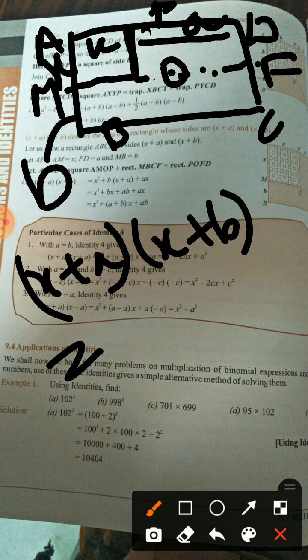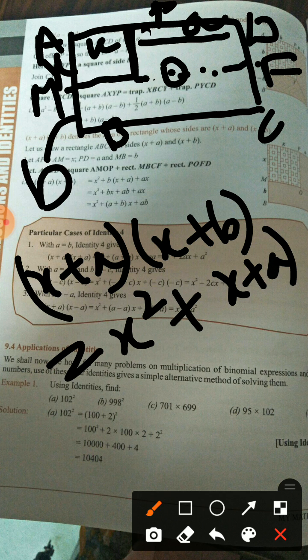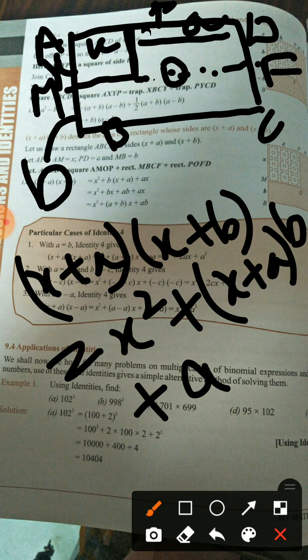It is equal to, first of all, the area of square AMOP, which is x square, plus the area of rectangle MBCF, whose length is x plus a and the breadth is b, plus the area of rectangle POFD. The length is a and the breadth is x.